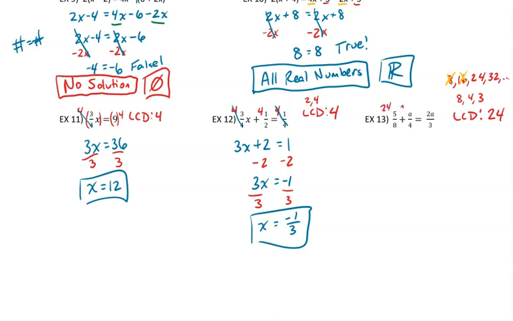Okay, so we're going to go ahead and multiply all of these by 24. So again, easiest way to work with the fractions if you don't want to use your calculator, divide by the bottom, multiply by the top. So 24 times 5/8, what we do is 24 divided by 8 is 3. 3 times 5 is 15.